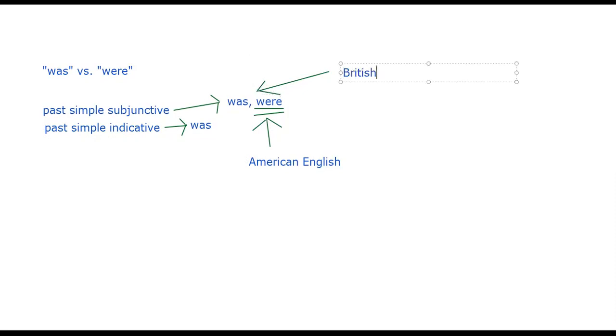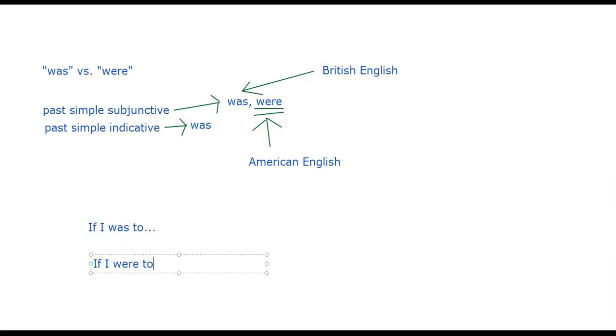So British English prefers the was. So they'll say things like, if I was to, instead of if I were to. So British English would correspond to this form. American English would correspond to this form.